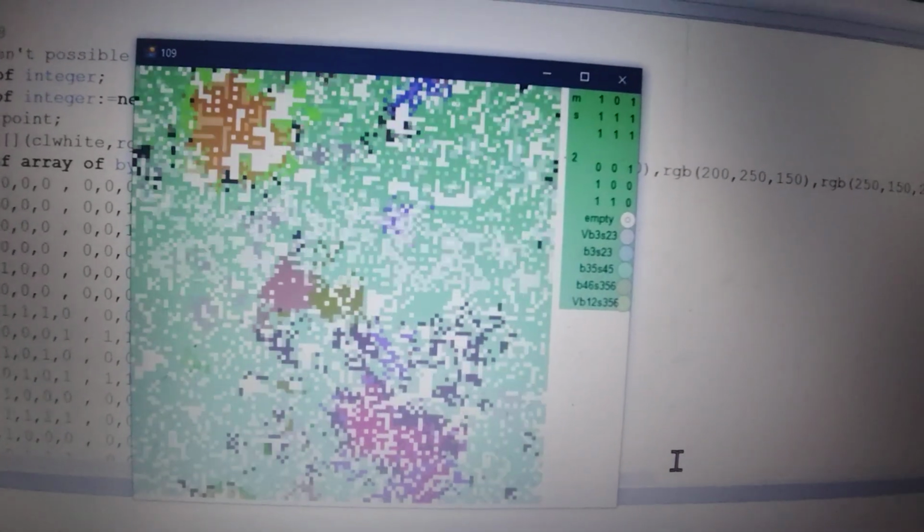Yeah, some of the cells are staying for long. They are staying longer, and what's this exactly again? Oh no. I love this effect.